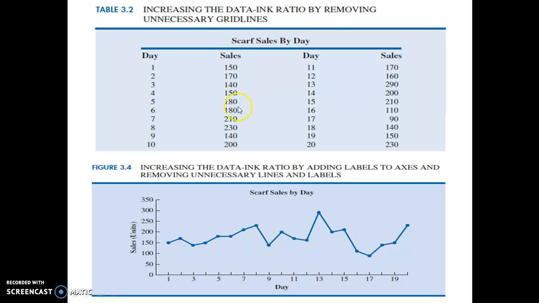If you look at this table, all the lines are removed, yet we are still able to check the sales value for each and every data point. Here also we removed all the row-wise lines, and additionally we have given labels for the x-axis as well as the y-axis.